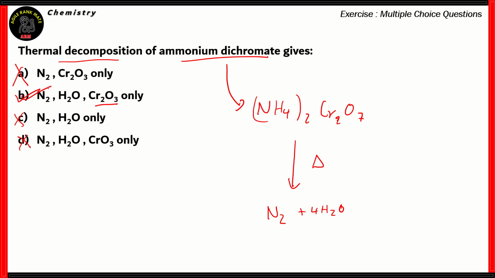So therefore, option B is the right option. The last option, D, is incorrect because it says CrO3 instead of Cr2O3. So the right option is, again, option B, N2, H2O, Cr2O3 only. So these are the products that you get from ammonium dichromate.